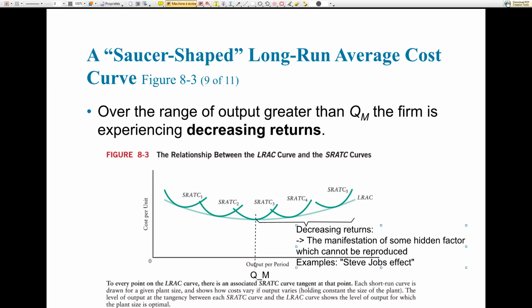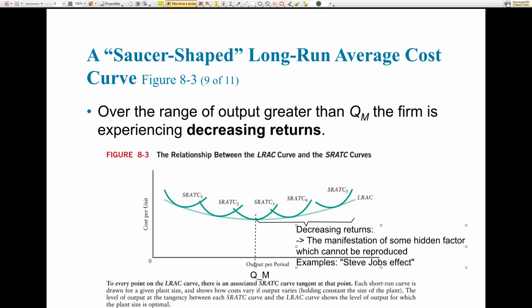So we say there's some hidden factor that cannot be reproduced. Here it is Steve Jobs, who cannot be everywhere. So that's why at some point Apple couldn't, for instance, have an infinite size. All right. So that's why we may observe this kind of decreasing returns.